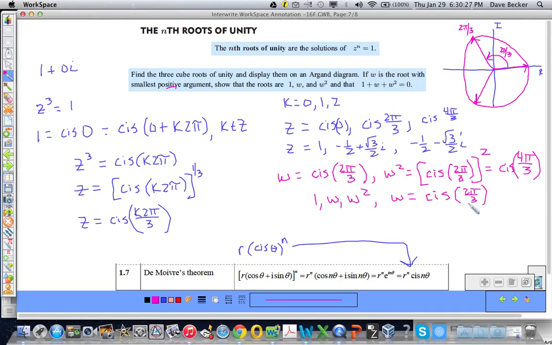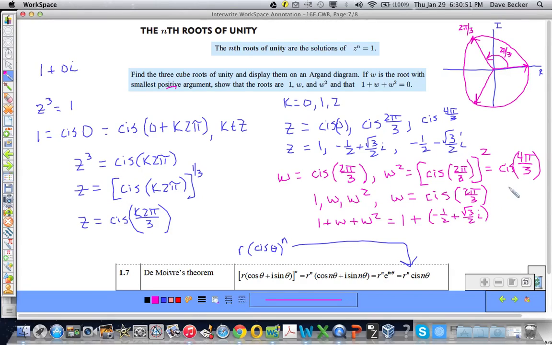Okay? And 1 plus w plus w squared is equal to 1 plus, what's w? Cis 2 pi over 3, right? And we found cis 2 pi over 3 to be negative 1/2 plus root 3 over 2i, yes?